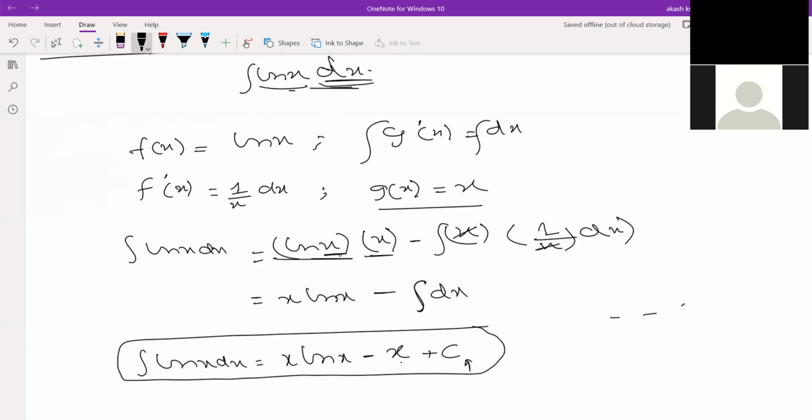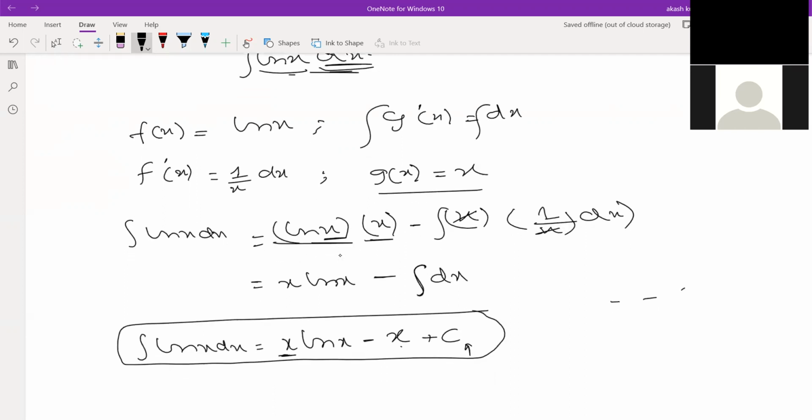I'm talking about the last line, it says x ln x minus x plus c, right? Yes, x ln x minus x plus c. So the first x before the ln x, why don't we do this one minus x, the one after the ln x? You mean the answer becomes only ln x plus c?